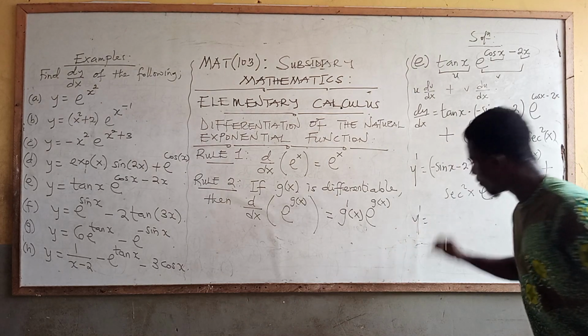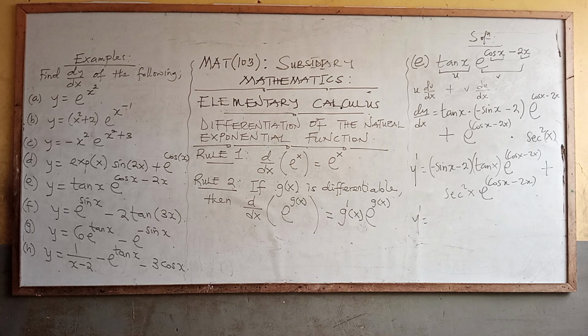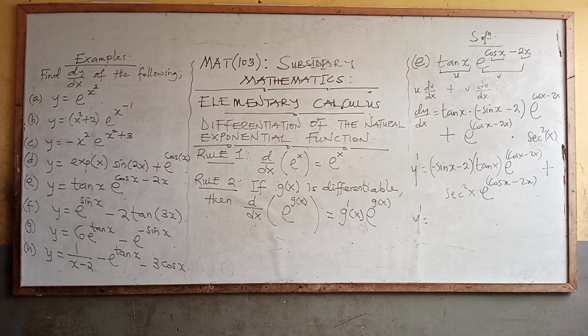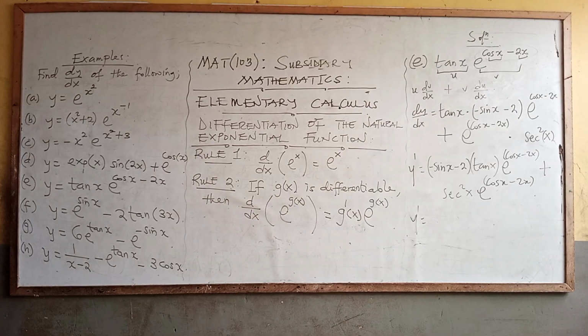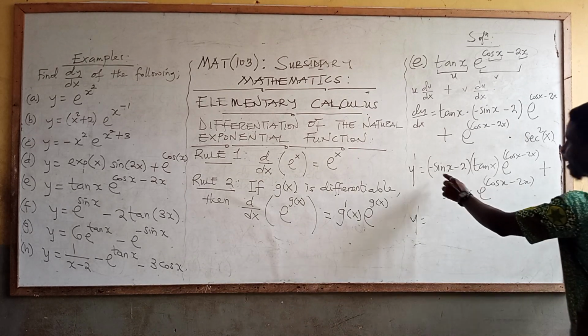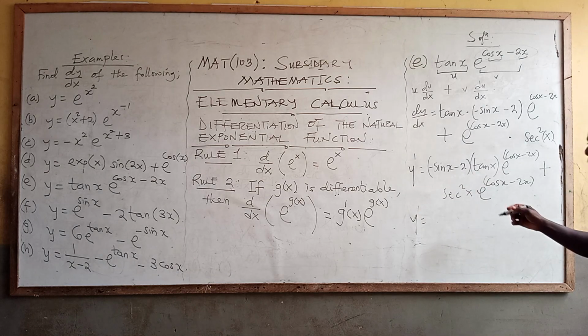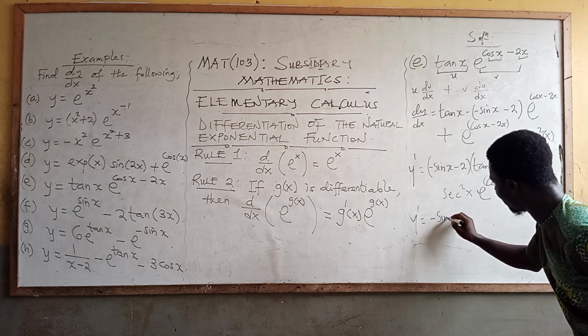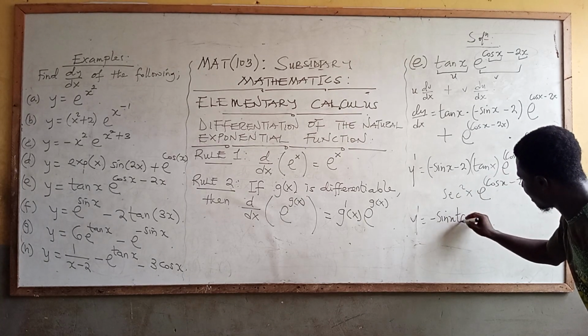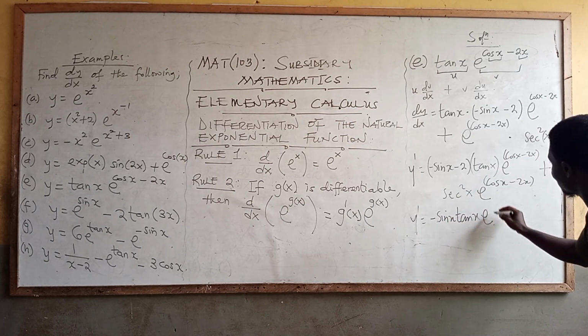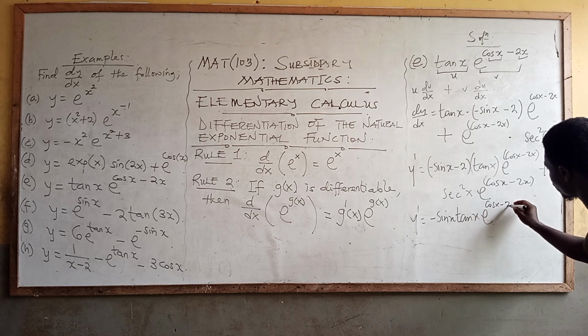Y prime must be equal to. All right, so let's see. Negative sine x minus 2. Now, these guys are multiplying that. So I can write it as negative sine x, then tan x, e exponent cos x minus 2x.